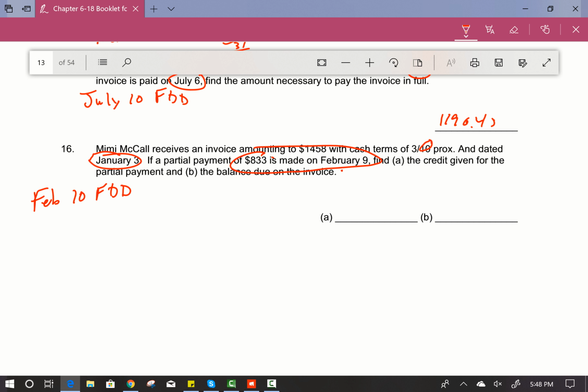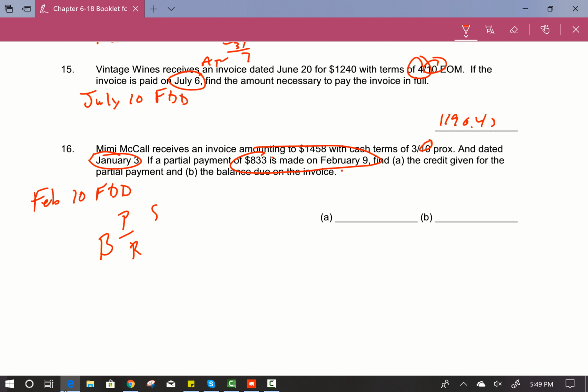So we first want to find out how much credit we're going to apply to the partial payment. If you're looking for the amount of credit you're going to apply to your partial payment, you're looking for your base, and base is equal to part divided by rate. The part is the partial payment of $8.33 divided by the rate that you're going to apply, which is 3%, but I'm going to use the complement of 3%.